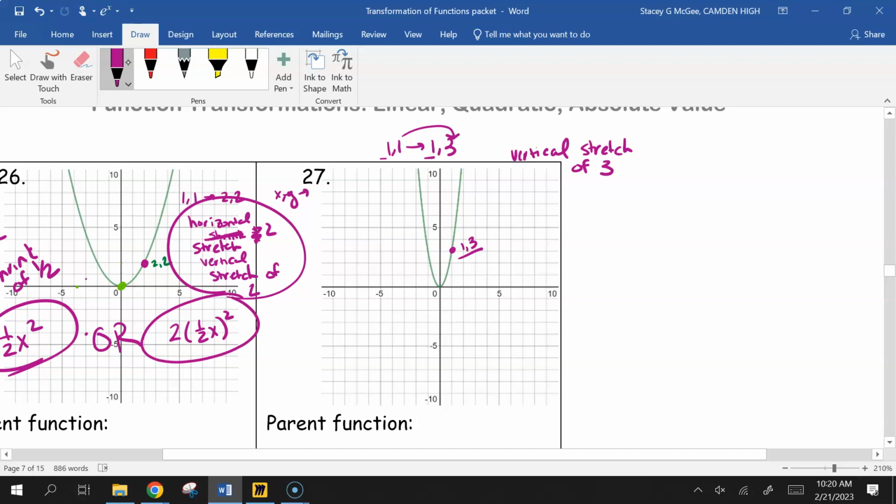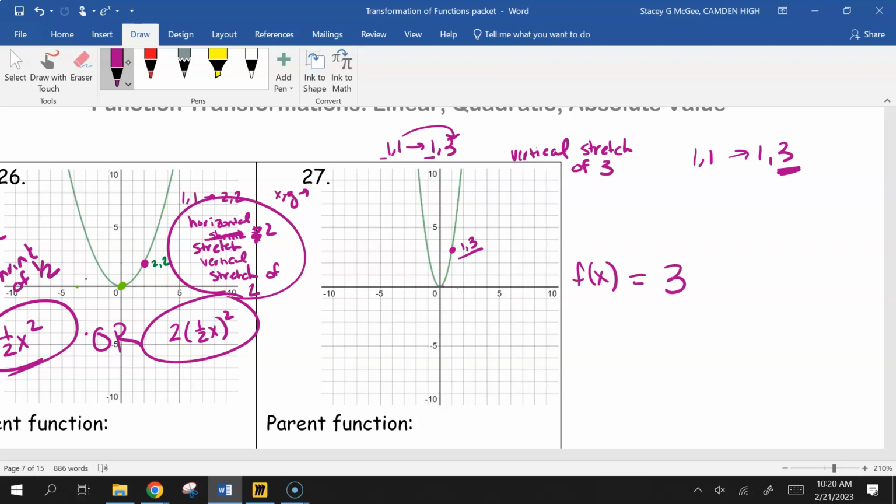So from the parent function of 1, 1, it became 1, 3. So what changed was the y, and it changed by a multiple of 3. Bigger than 1 is a stretch, less than 1 is a shrink. So that 3 just goes outside, and I wrote everything else.